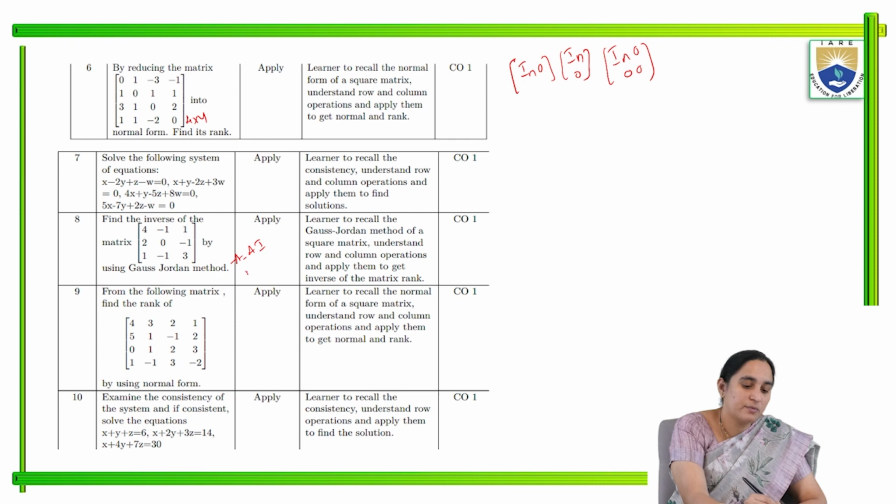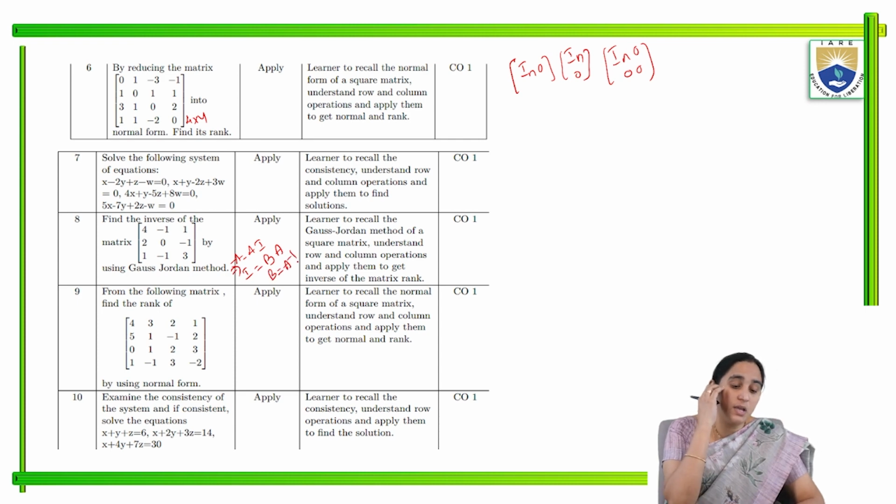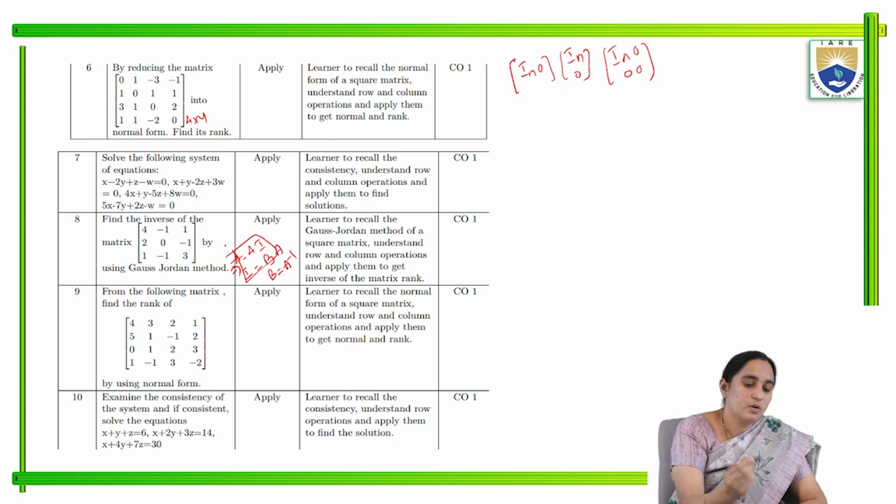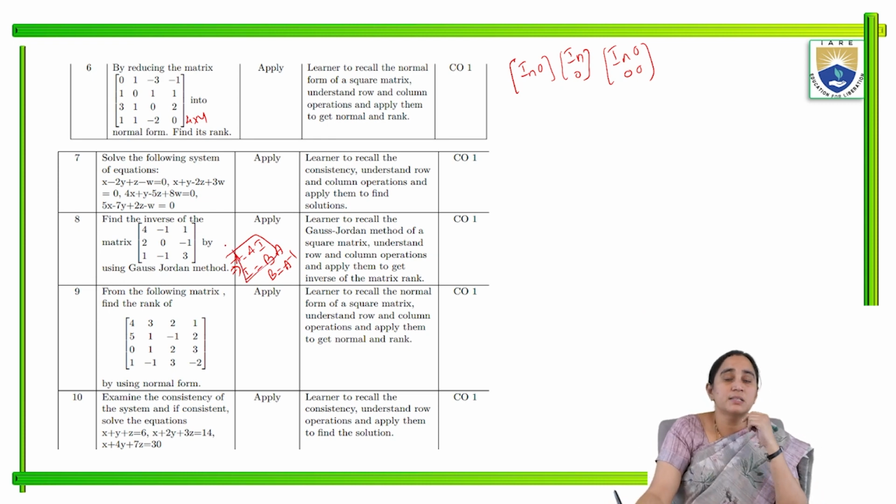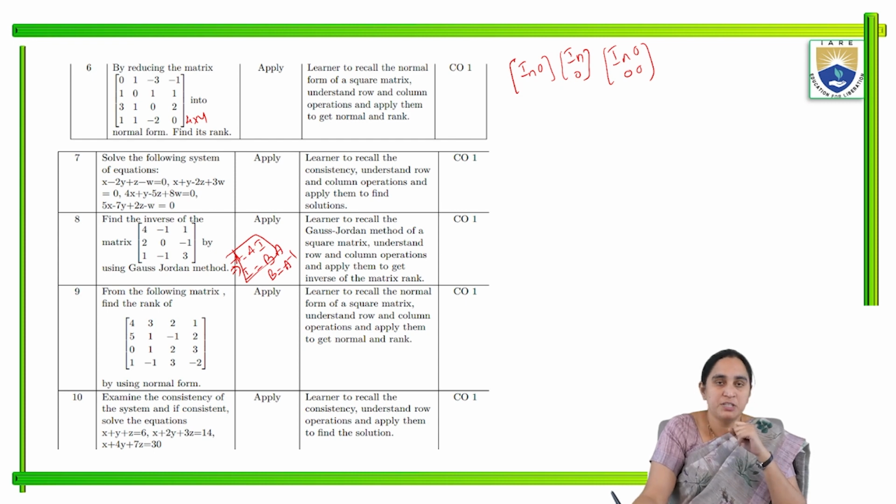From that it is converted to the form I = B·A, where B = A inverse. This is the formula for finding the inverse of the matrix. Here we can apply only row operations to get the inverse of the matrix. Okay, next one.